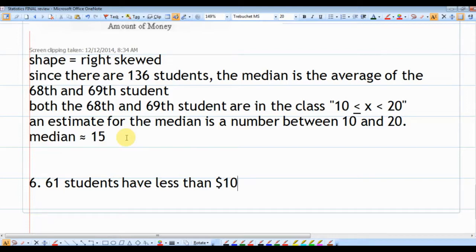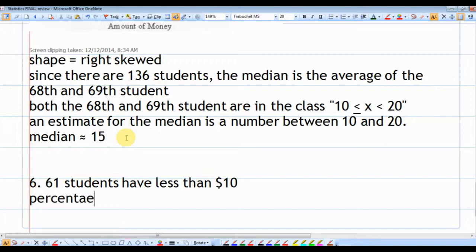So, percentage. That's going to be 61 out of 136. You did say 44, right? Yeah, 44.85.